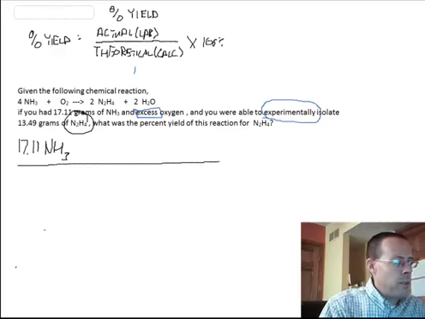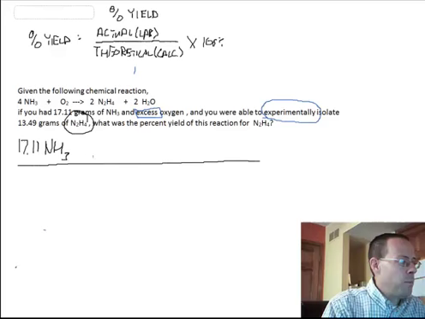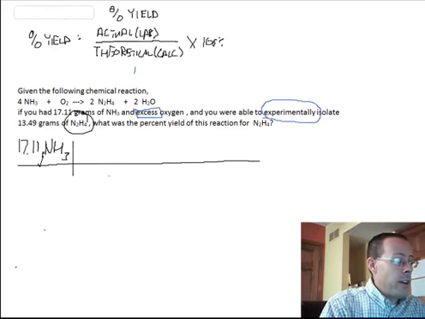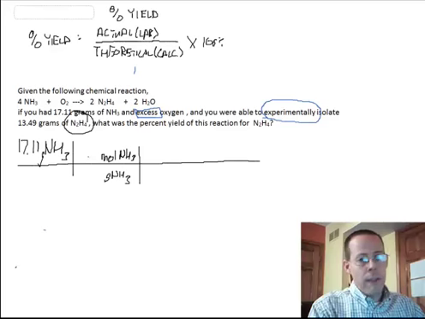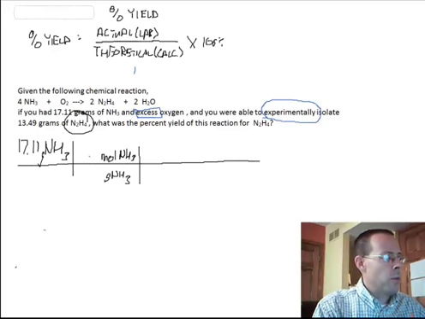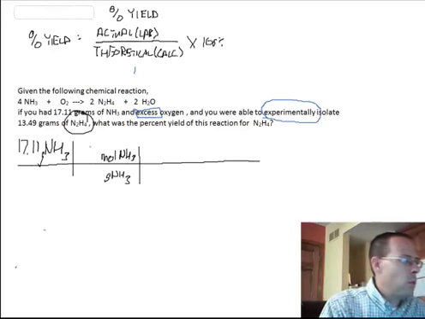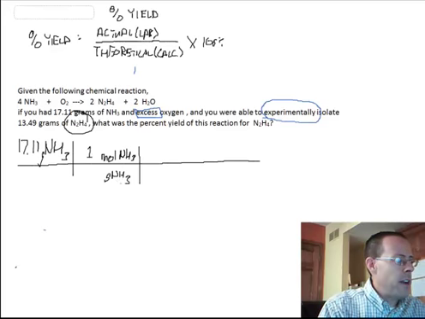So again, fence and rail problem, we're doing a mass-to-mass problem, which is what we've been doing a lot of. So this is grams. We're going to let our units be our guide. So grams of NH3 goes to moles of NH3. If we have moles and mass in the same fence post, that's known as molar mass. One number goes in front of moles, 1, and one number goes in front of grams, whatever it is from the periodic table.